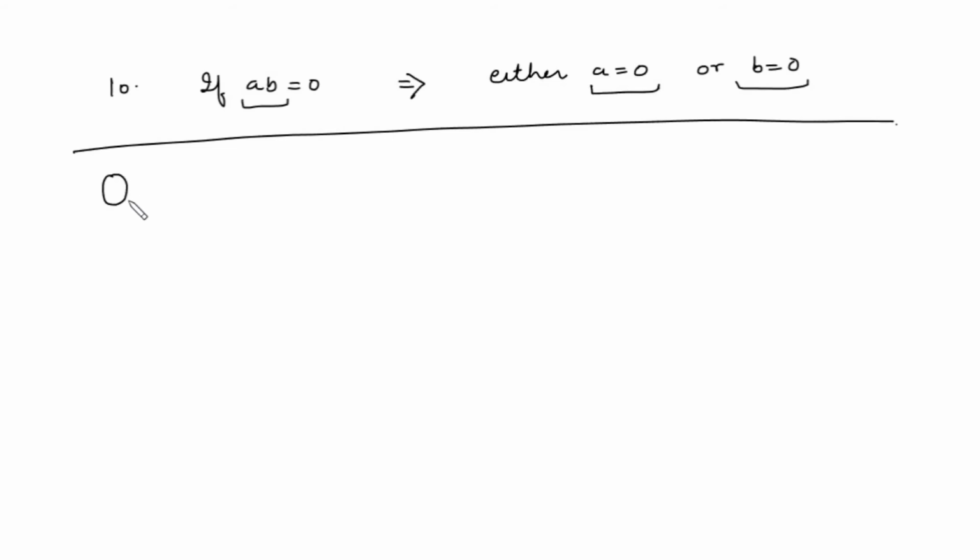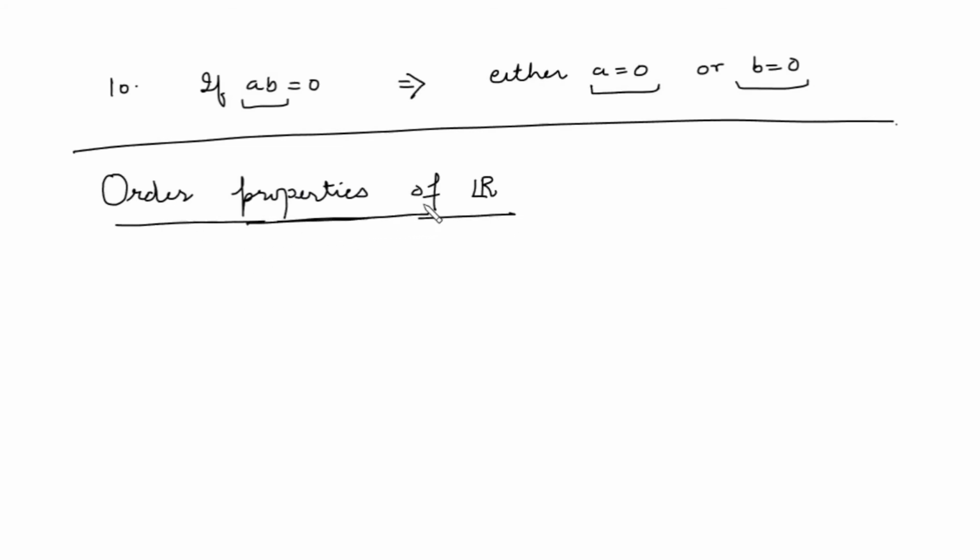Now the next is the order properties of R. It means we can compare two real numbers. You know that the set of real numbers is a field and satisfies all the properties of a field. Now this R, which is a field, is said to be an ordered field if it satisfies some properties.